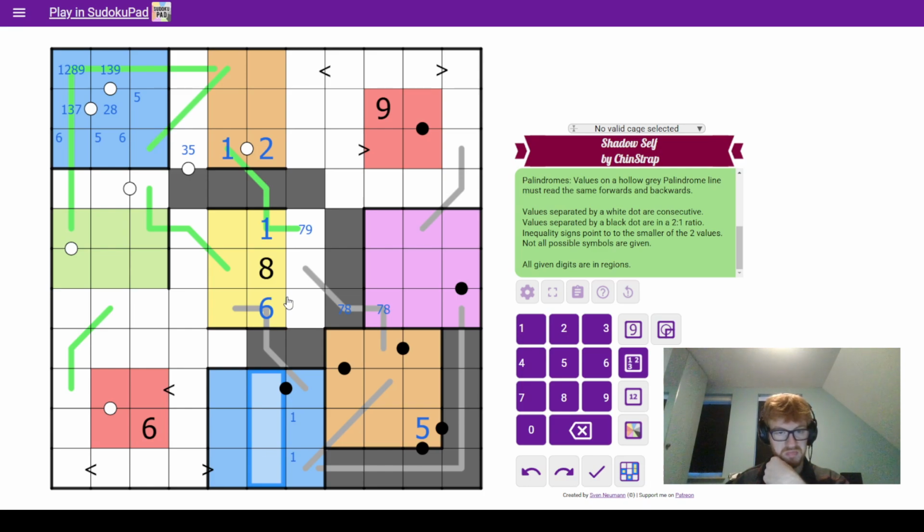So what can go here and here? The normal options are 1, 2, 3, 4, 6, and 8. But it's not 6 and 8, it's not 1. This cannot be a 6, so that cannot be a 3. If that's a 4, that cannot be a 2 or an 8.